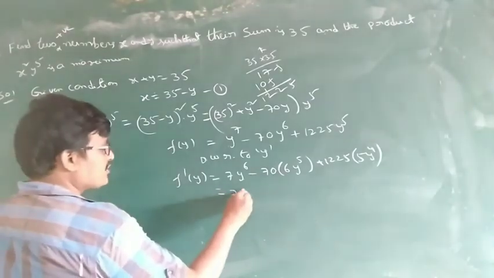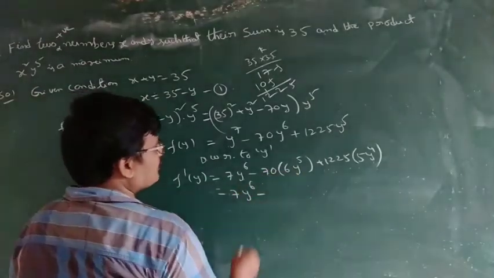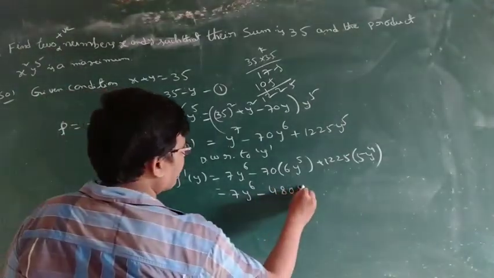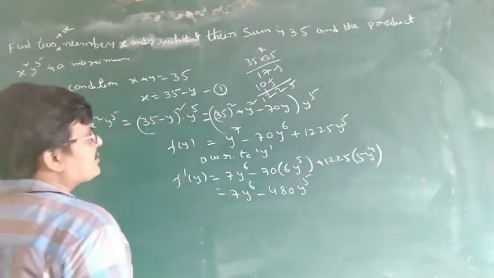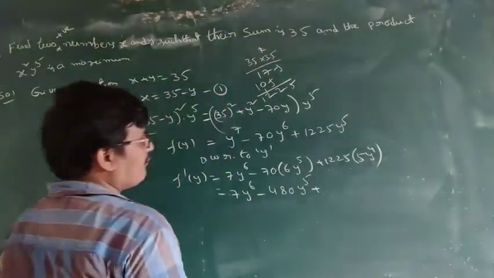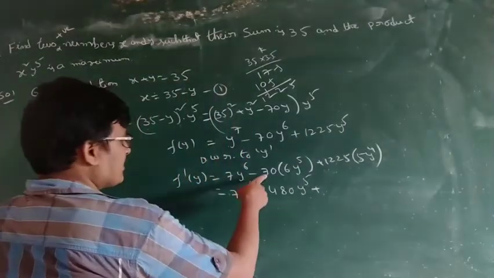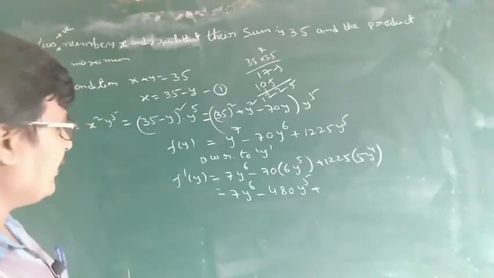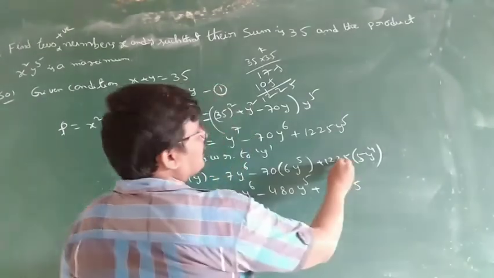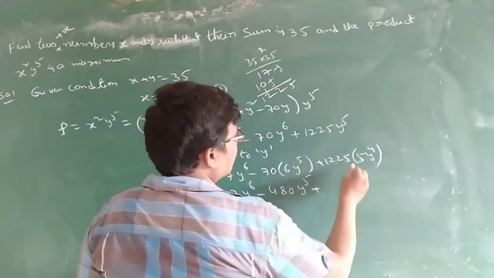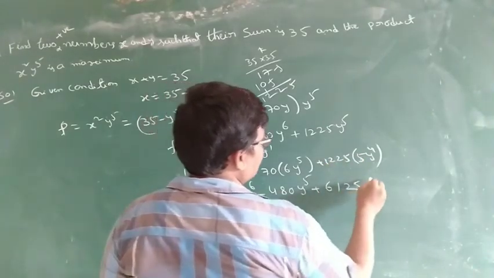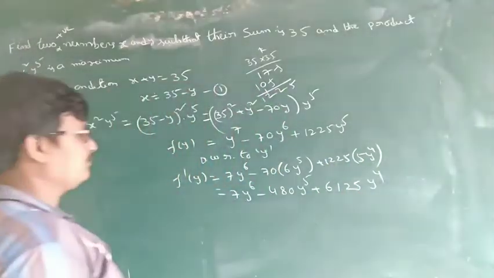So that is equal to 7 y power 6 minus 420 y power 5 plus 6125 y power 4. Which one is common? 7 is common.